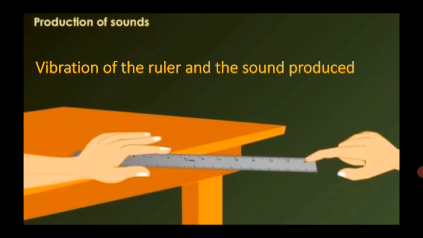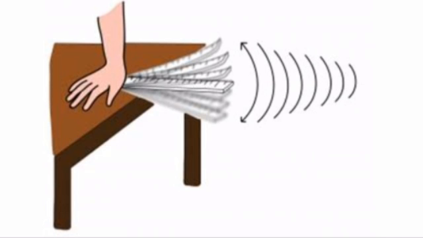Take note of the difference in the frequency and the pitch of the sounds. Also, take note of what happens by further decreasing the length of the free part of the ruler little by little. Will a sound be generated no matter how the ruler is kept on the table? If you perform the same activity by placing the ruler at different positions and distances on the table, you will see that sound is not produced by placing the ruler in any position.